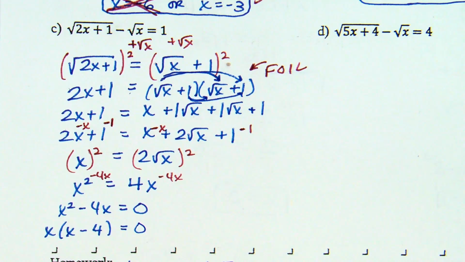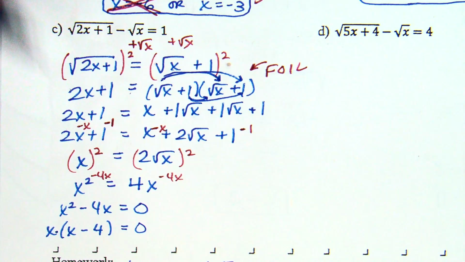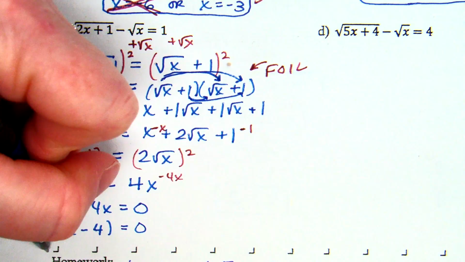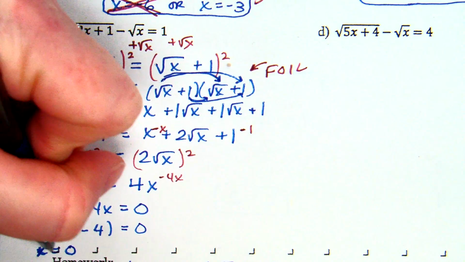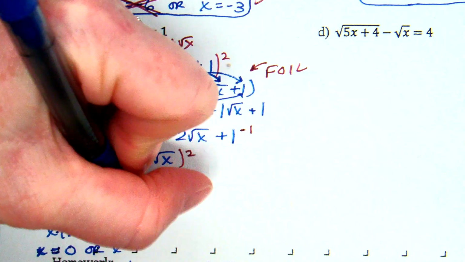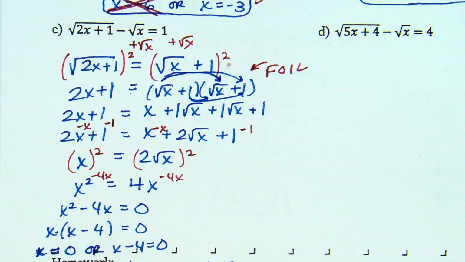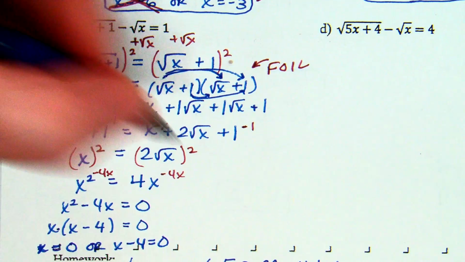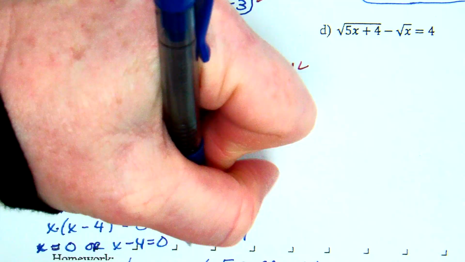Do you see 2 pieces I can set equal to 0? There's x times x minus 4. What are the 2 pieces I can set equal to 0? Yeah. X equals 0 or x minus 4 equals 0. What does that make my answers? 0 and 4.